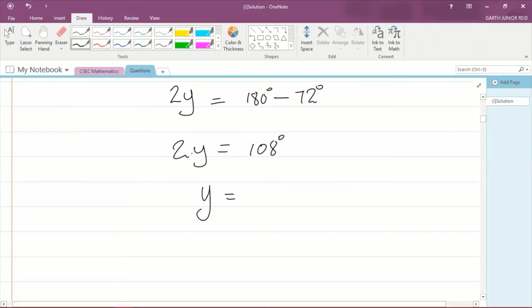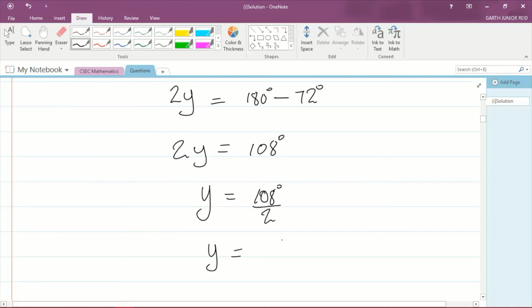To get Y by itself, we divide both sides of the equation by 2. On the left-hand side, the 2 will be cancelled out. On the right-hand side, I will have 108 degrees divided by 2.